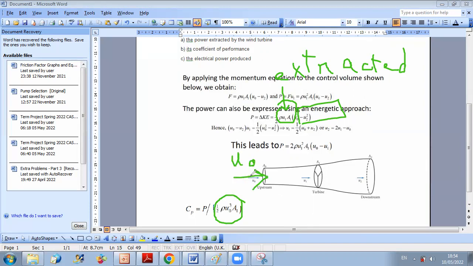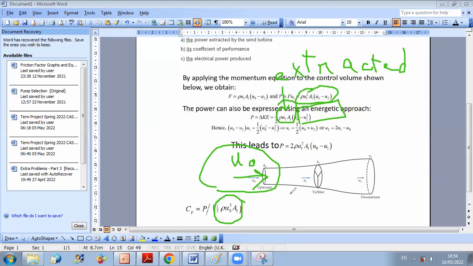If I am able to extract the whole power present in the fluid, that power is half rho U0 cubed A1. But in reality, as we developed in the course material, I cannot extract this full amount. What I can extract, because of the momentum relation, is rho U1 squared times A1 times U0 minus U2.